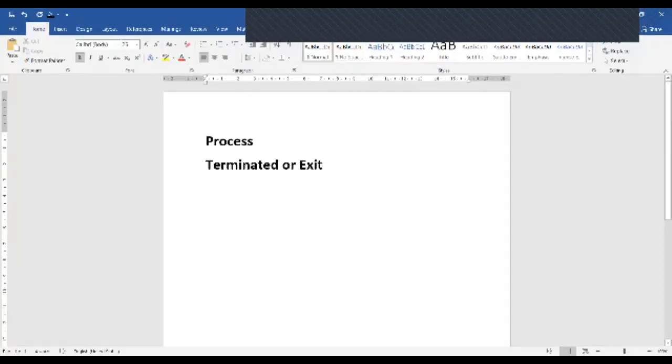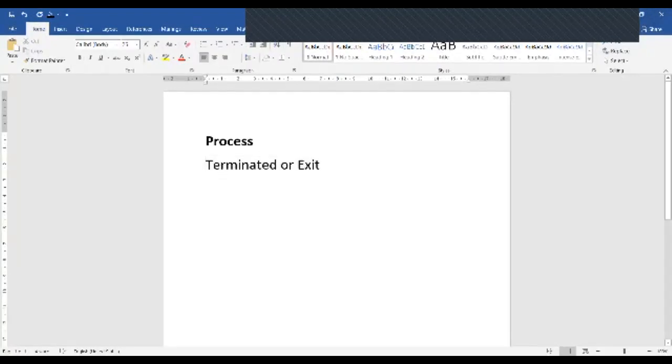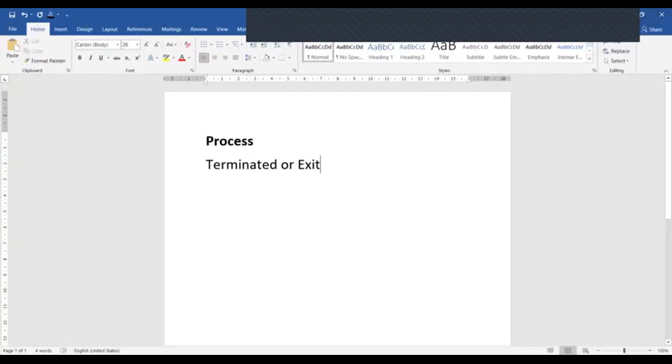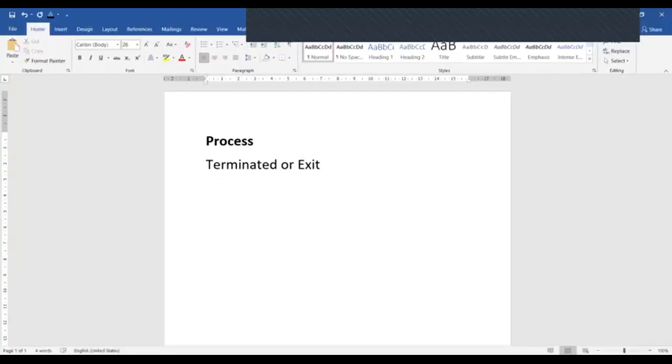Once the process finishes its execution or it is terminated by the operating system, it is moved to the terminated state where it waits to be removed from main memory.